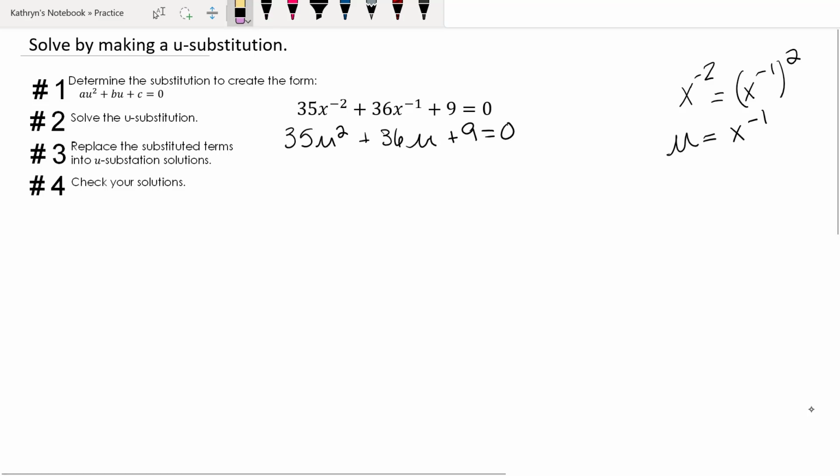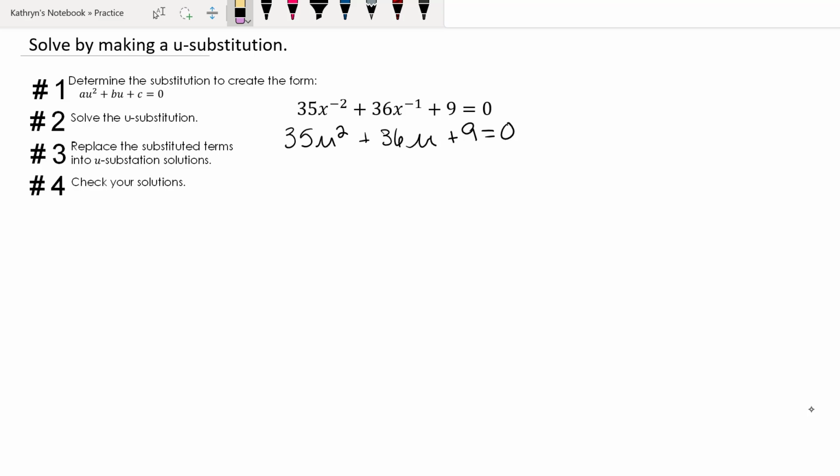I'm going to erase my little notes here because now we have to do the grouping method. So we're going to take 35 times 9, and that is 315. So we need to think of two numbers that multiply to 315 that also add to 36.